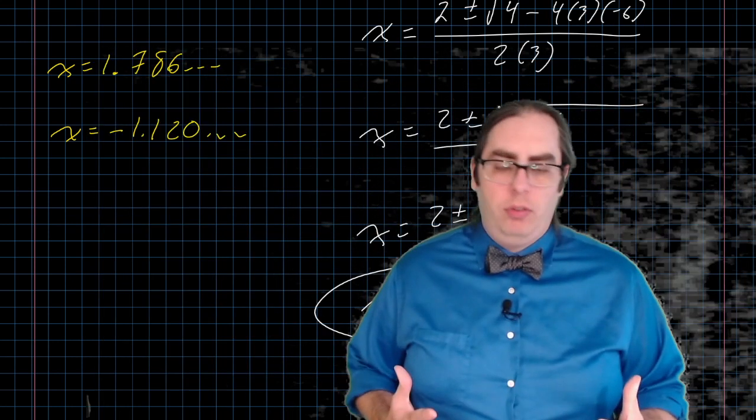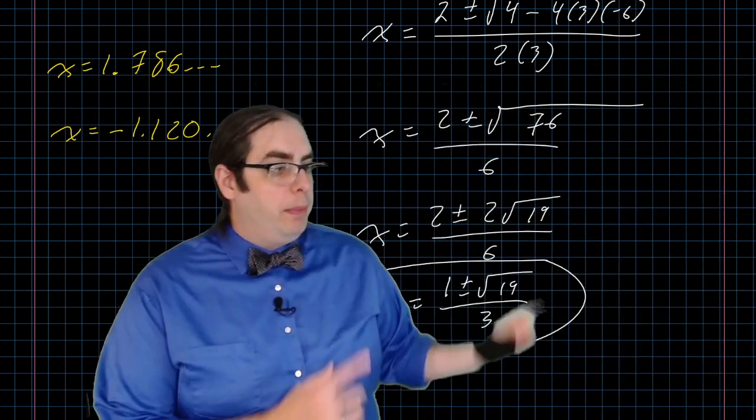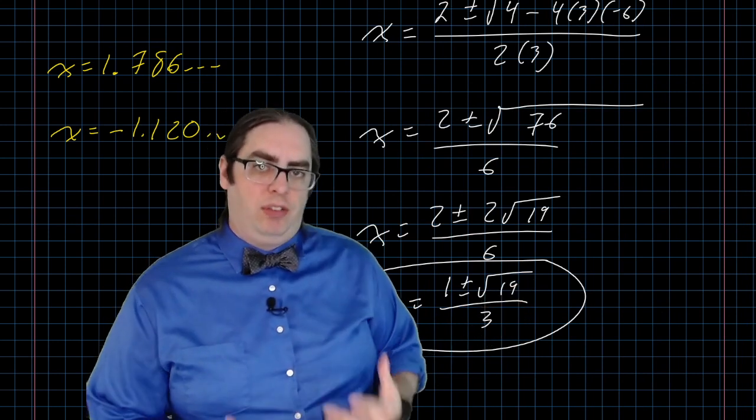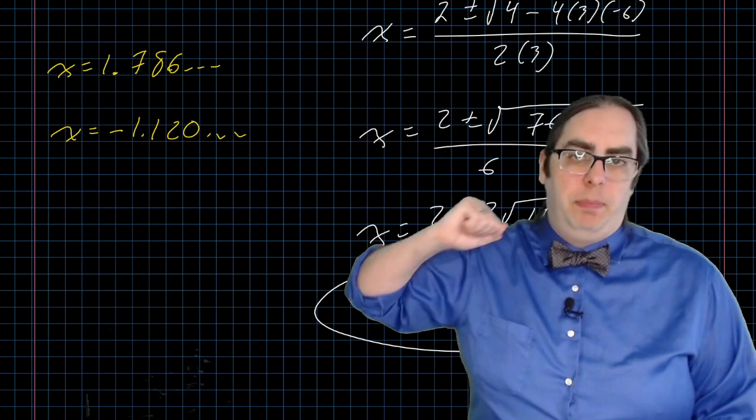For my purposes, I want to see that kind of a solution. I want to see the exact values. For the purposes of graphing, approximate values might be more useful.